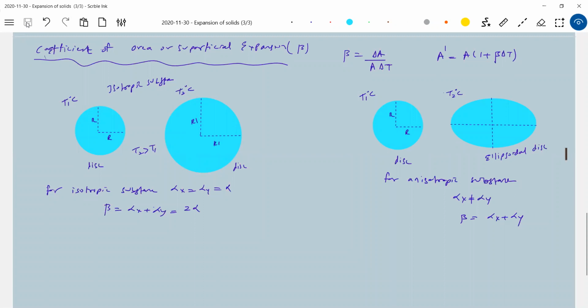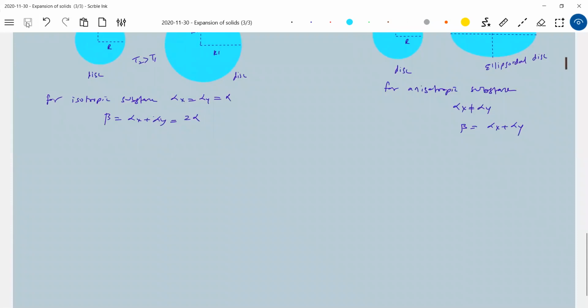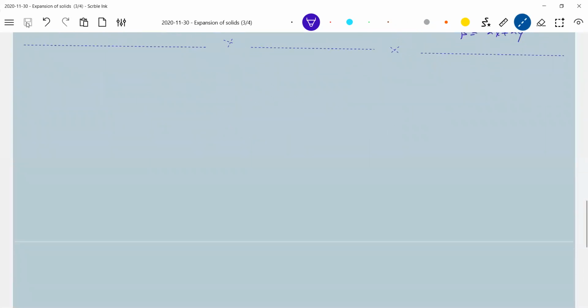Okay, this is about the coefficient of linear expansion. Now we'll go for the next one, the coefficient of volume expansion of the material. This we will write as gamma. It is defined as change in volume by original volume by change in temperature.